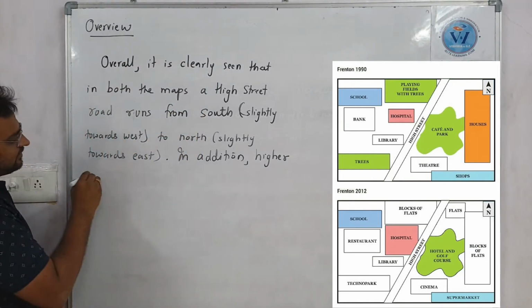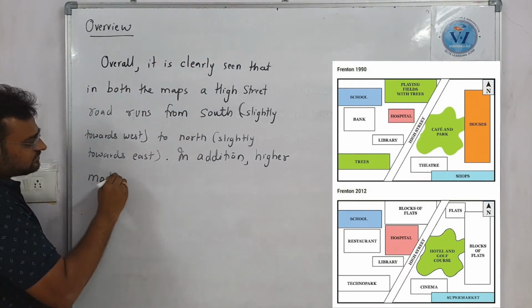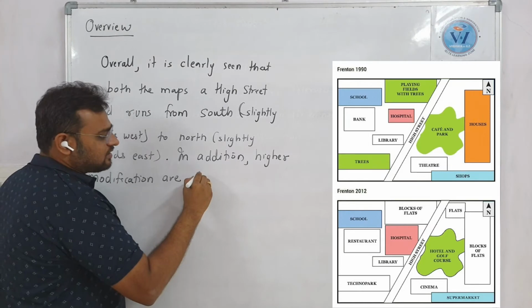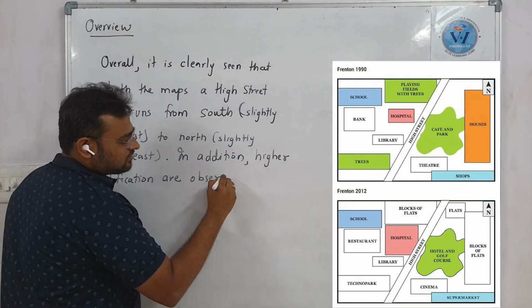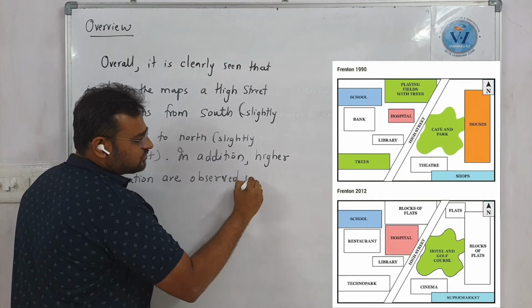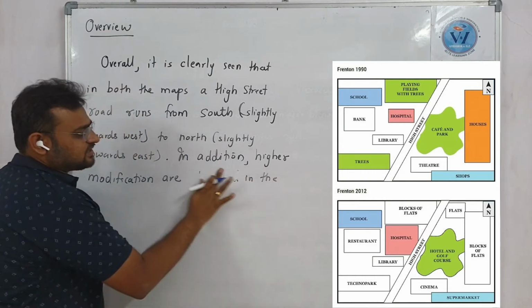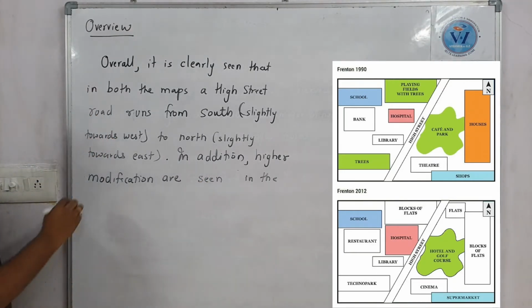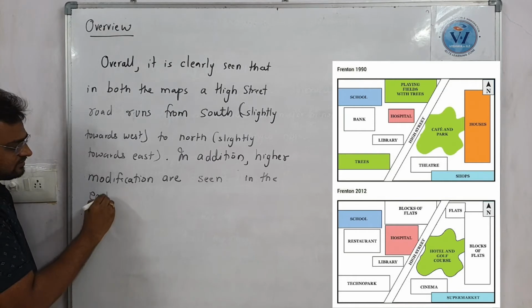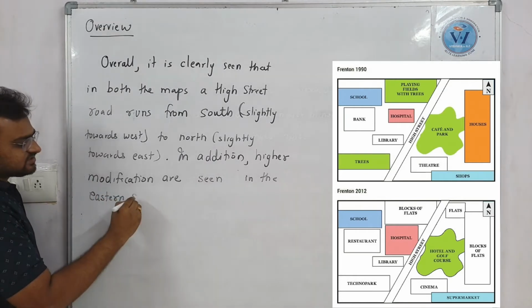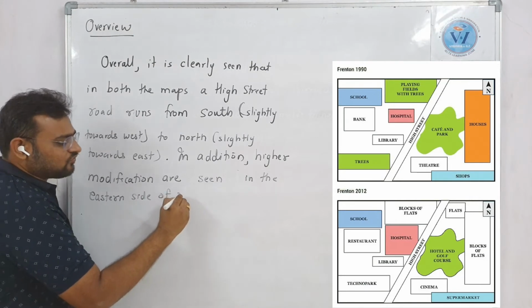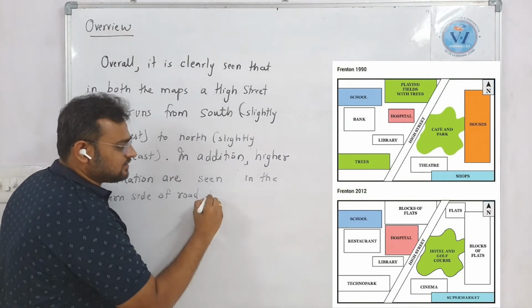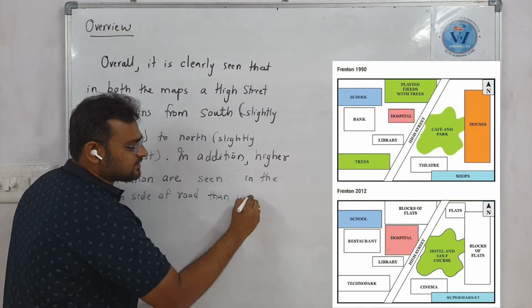So higher, let's say modifications are observed, or let's say seen, in the eastern side of the road. Let's say then, western side.